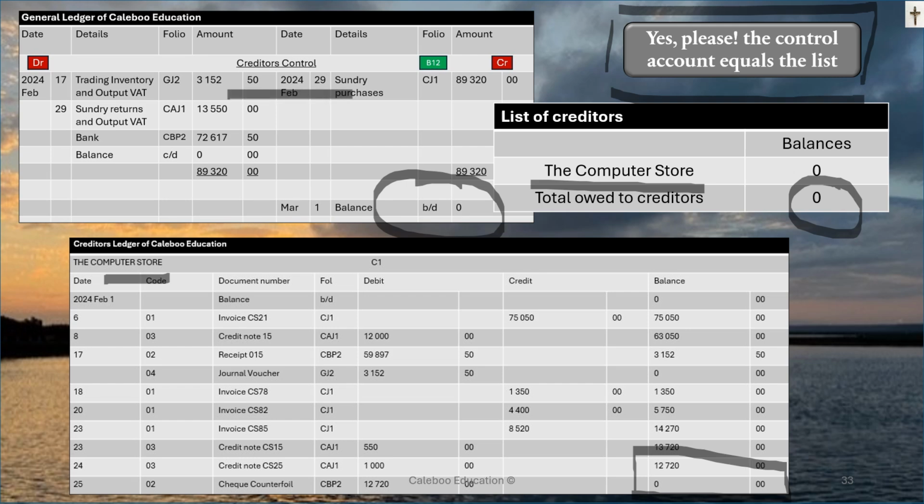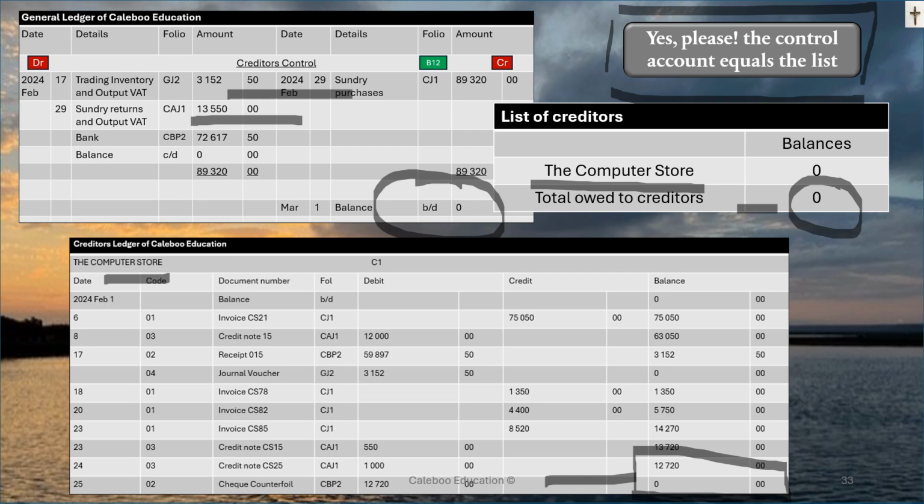So the control account reconciles with the list of creditors. And according to this, we have accurately recorded the transactions with our suppliers in the creditors control account and in the creditors ledger. It's a checking mechanism, this.